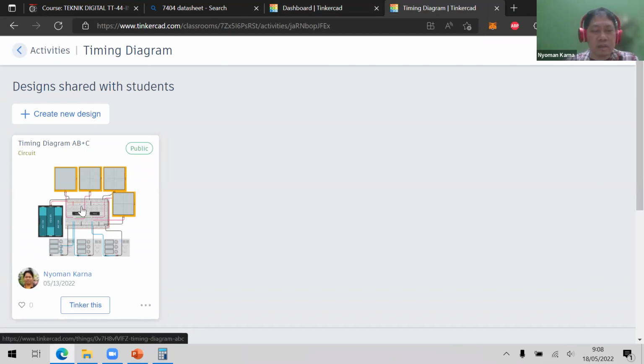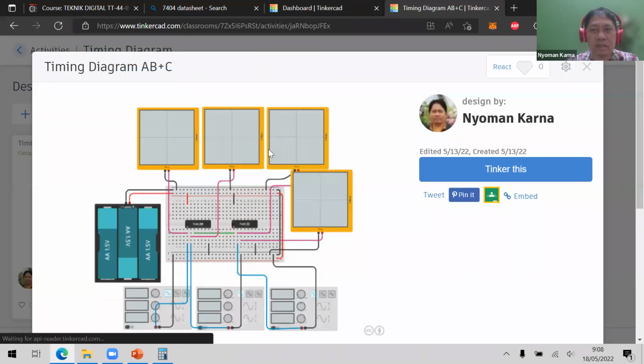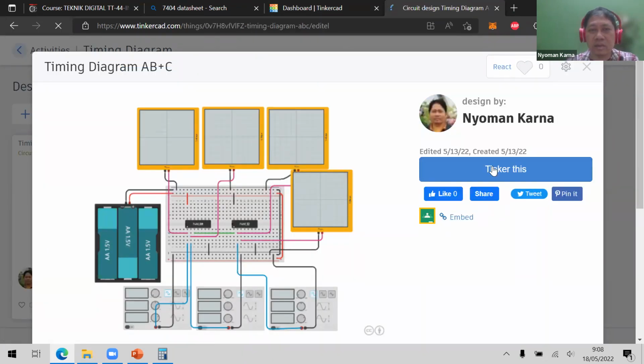Now you may tinker this circuit whenever you want. Let's try to check the circuit.